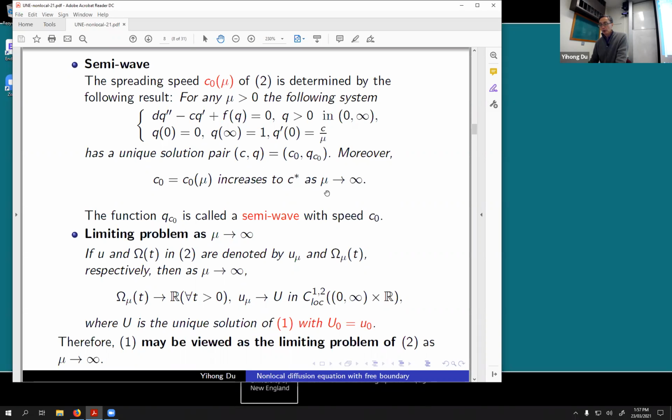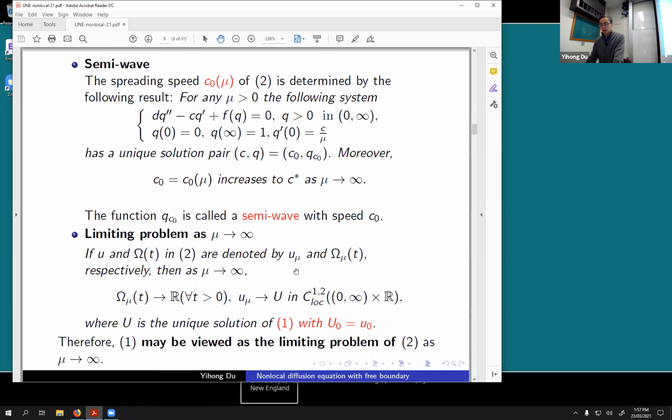And when mu goes to infinity, this speed increases to c star. So there's a relation: when mu goes to infinity, c0 converges to c star. Actually, this relationship is stronger than that. We can show that the classical problem 1, the Fisher KPP model, is the limiting problem of the free boundary model 2.